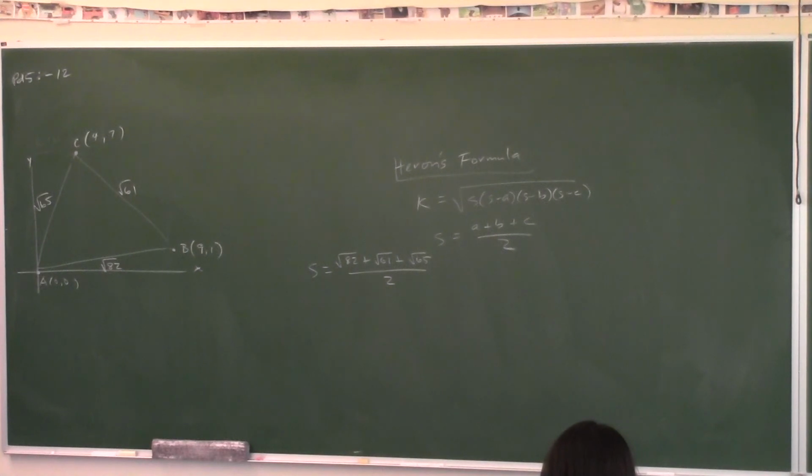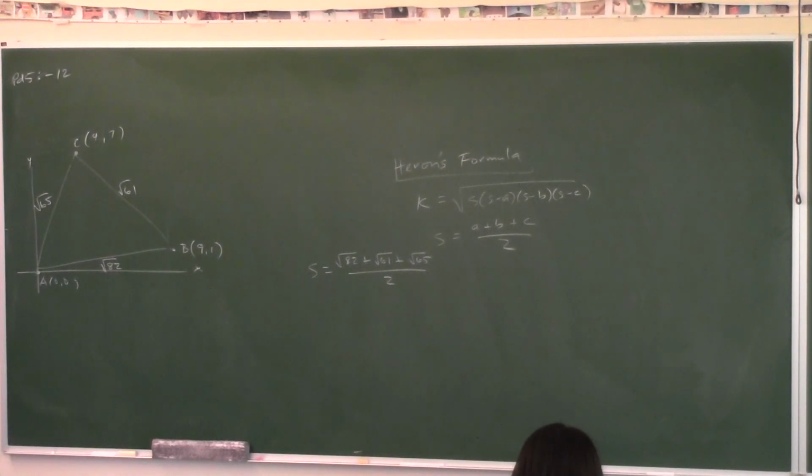Now what do you think I'm gonna do? I'm going to take the square root of 82. And what do you think I'm gonna do? I'm gonna store that in alpha A. Then I'm gonna take the square root of the next number, 61.